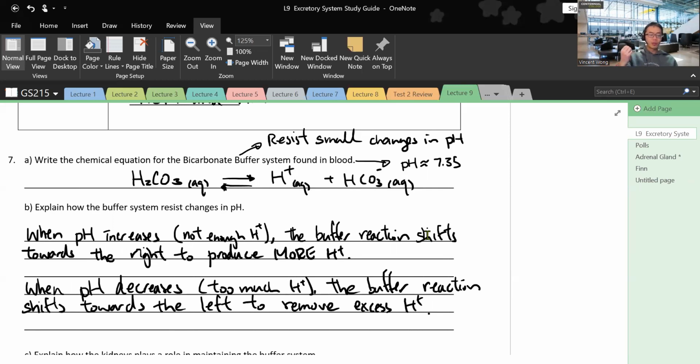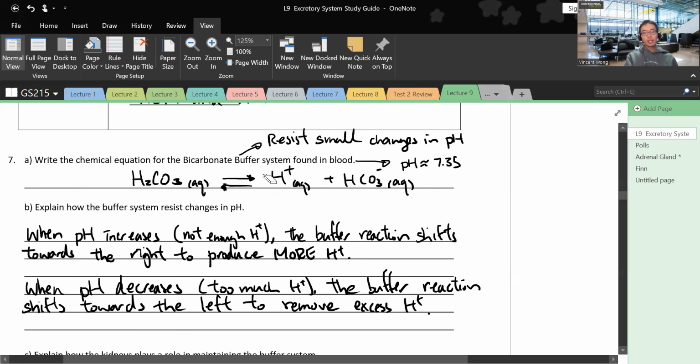You might have learned about ketones in chemistry, right? When you have a lot of ketones, it could lead to ketosis. One of the side effects of ketosis is that your blood pH is going to drop. In that situation, the buffer system in the blood is not able to cope with the drastic change, and that's when the kidney needs to come in to help, right?